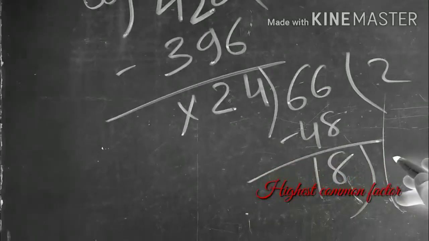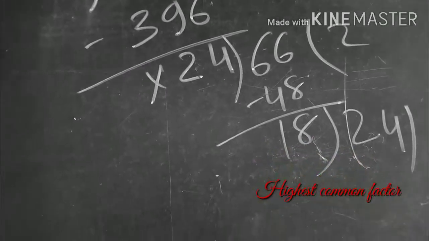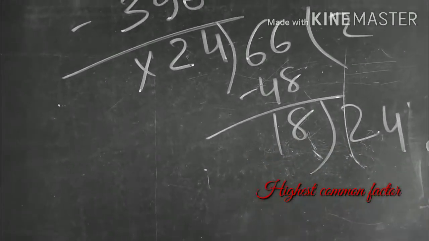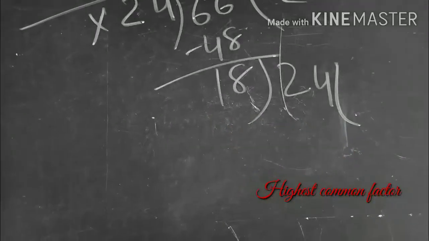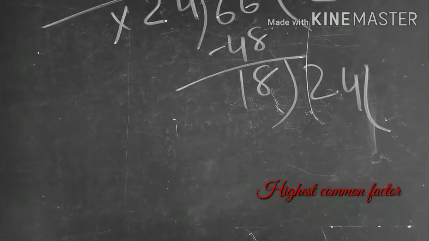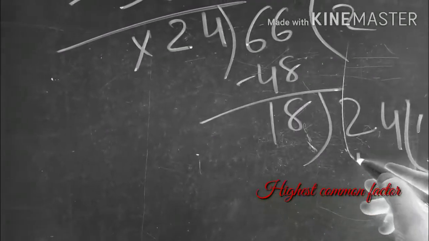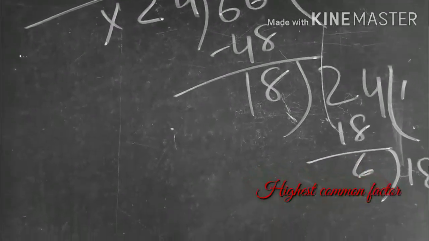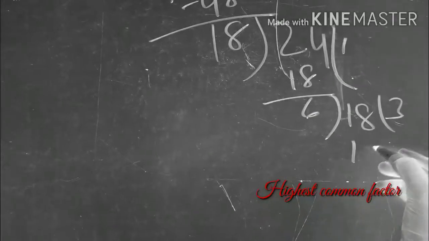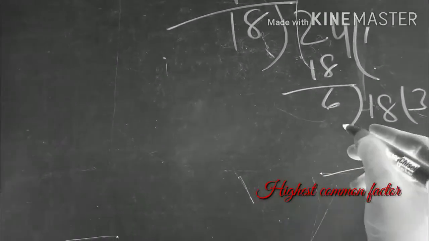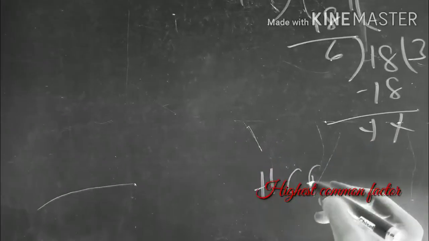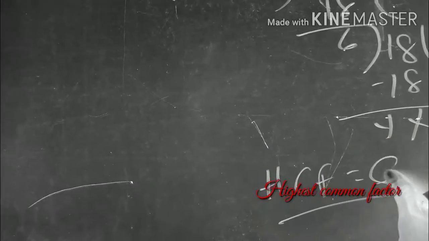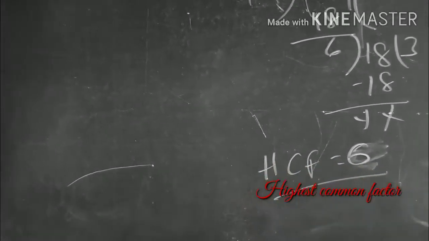This 24 will come here. 18, 6, 18, 6, 18: the threes cancel out. The HCF of this question is 6.